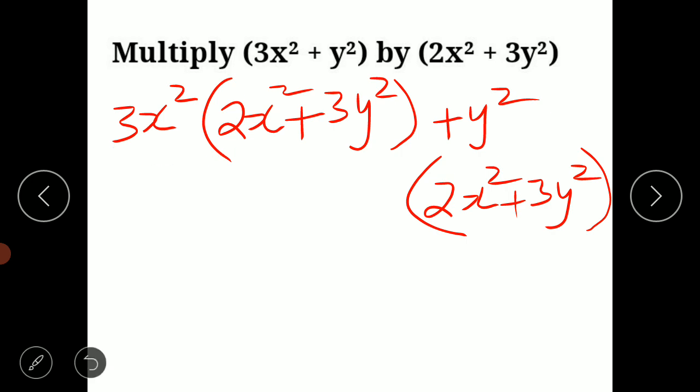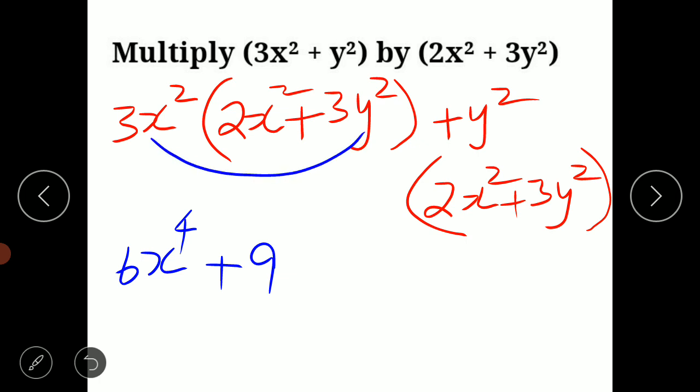So 3 2s are 6, x square into x square, x power 4, because the base is the same. Then plus into plus, 3 3s are 9, x square into y square.